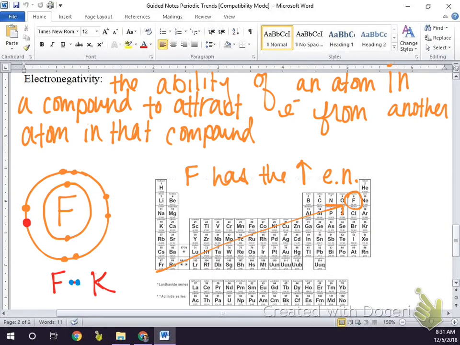Does that make sense? It pulls potassium's electron even closer to itself. So now instead of it looking like this, electron on one side and electron on the other, it looks like this. Both of our electrons are pulled toward fluorine. Does that kind of make sense? Fluorine wants electrons so badly, it will take them from what atoms they're just bonded with, right? It'll pull them close to themselves. That's what electronegativity is. How badly does it want to take an electron from something else? Okay?